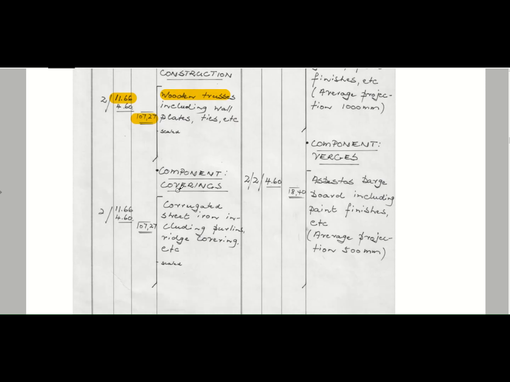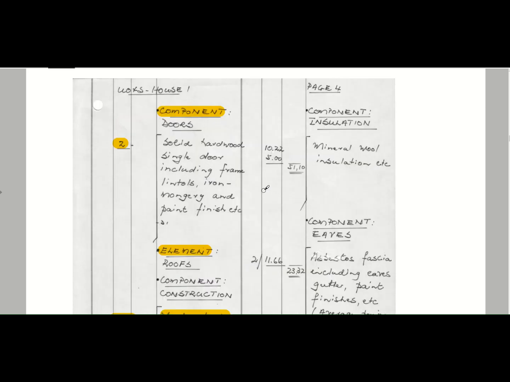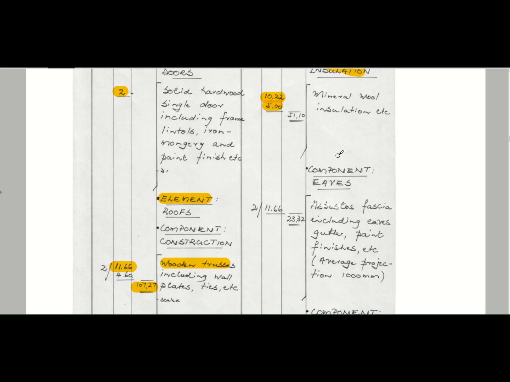Okay, then we've got our component coverings, corrugated coverings. You can see it's the same as what you've got here. And then we've got our component insulation, material wool. Here you can see they just used the flat area for that, so that's your Thinkpink.